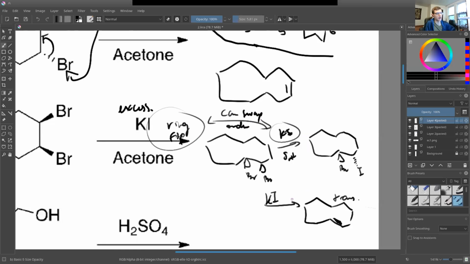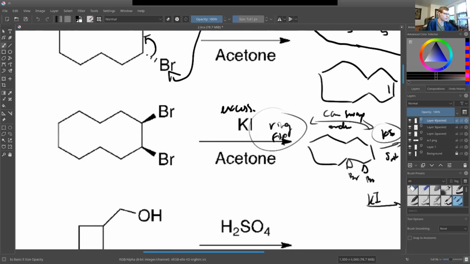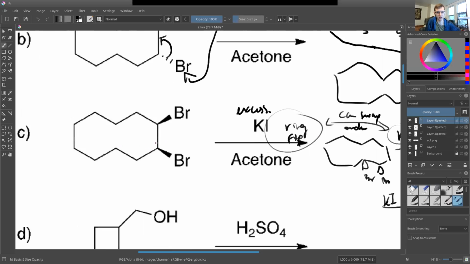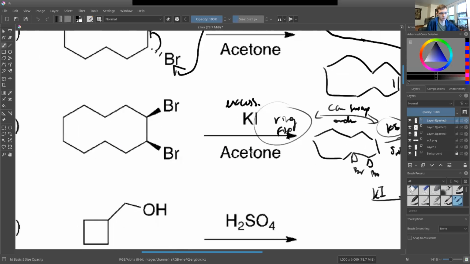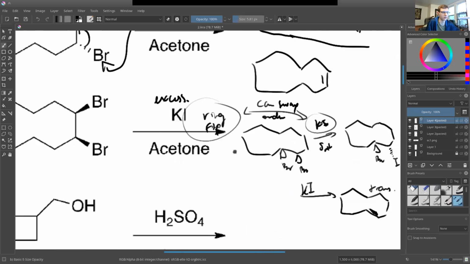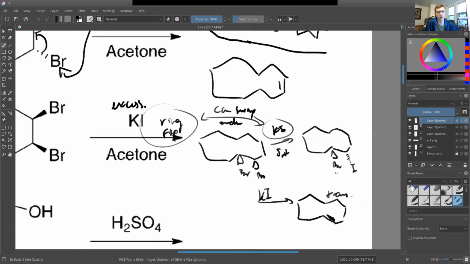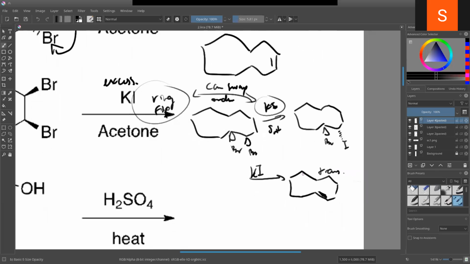The idea being that if you did SN2 over here, they would still both be equatorial as opposed to axial, and so you'd have to move them over to get them axial. Oh, okay, thank you.